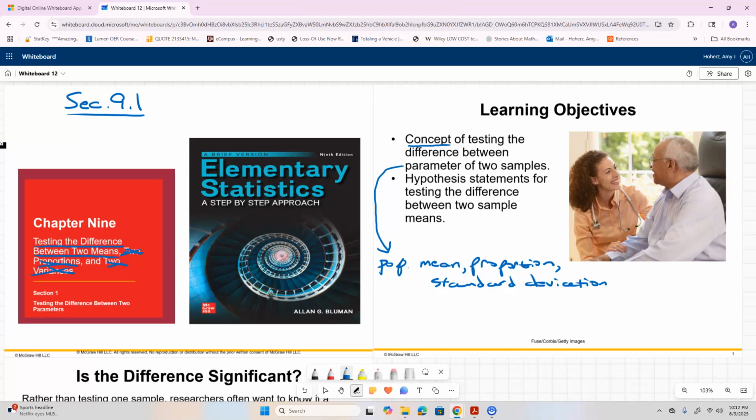We're also going to talk about how to do hypothesis statements for testing the difference between two sample means, because it's a little bit different than doing the hypothesis statements that we did in Chapter 8.